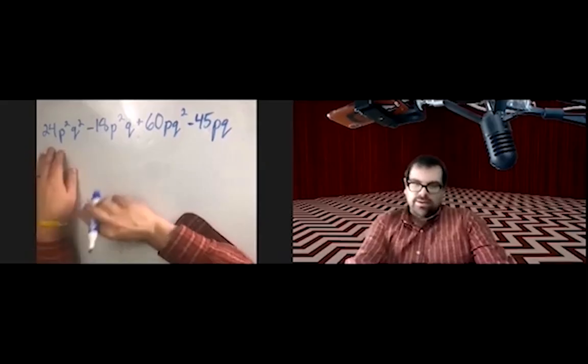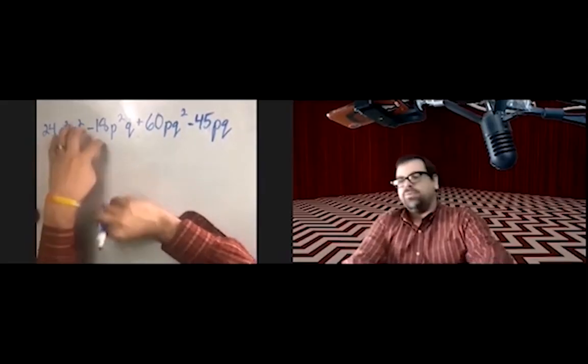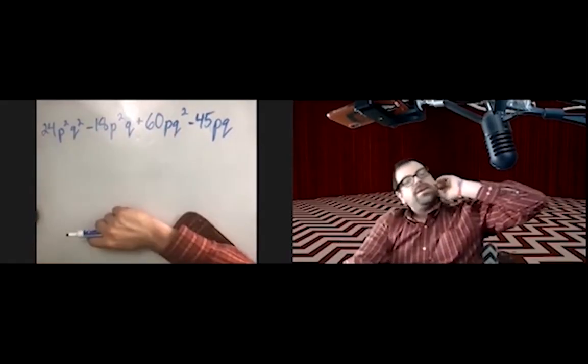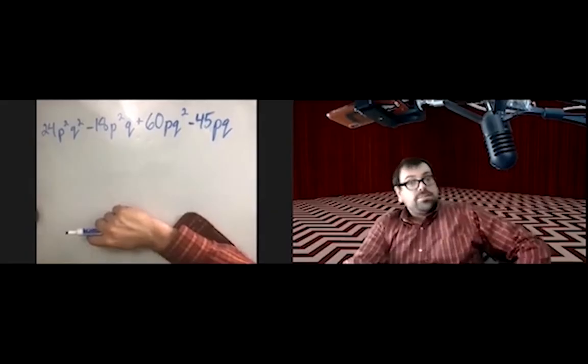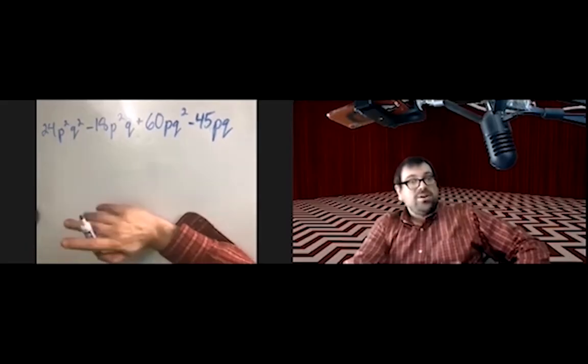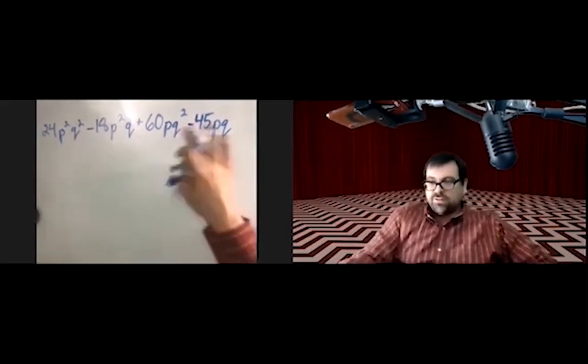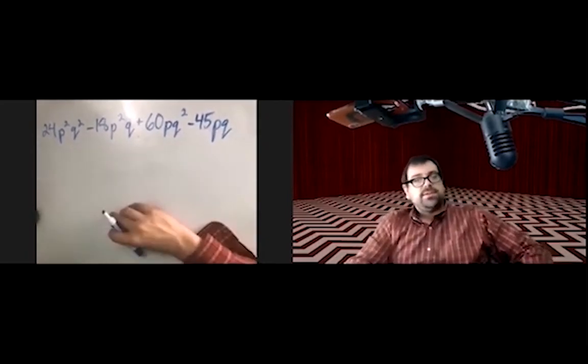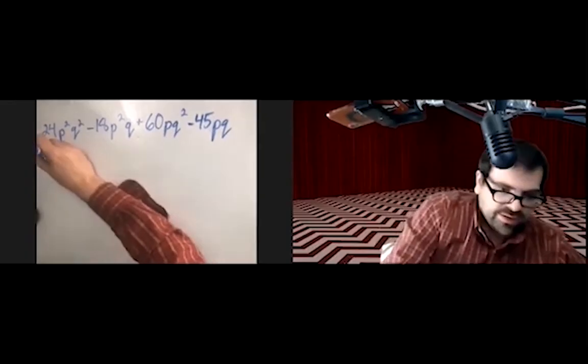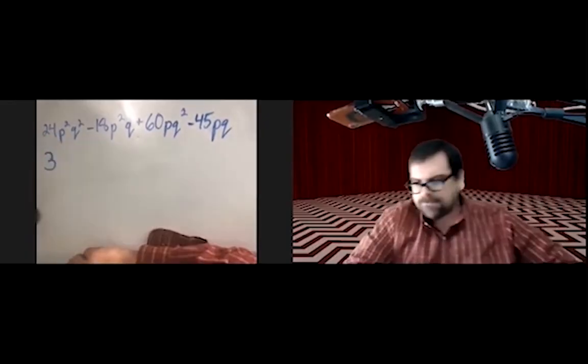Specifically, if we had our lists of factors of 24, 18, 60, and 45, there'd be a number in common to all four, the highest being 3. 3 is a factor of all of these. In fact, it is the greatest common factor of these. So we'll factor out a 3 overall.